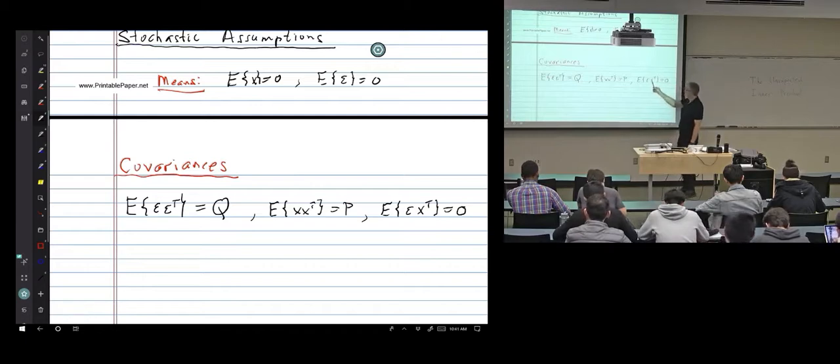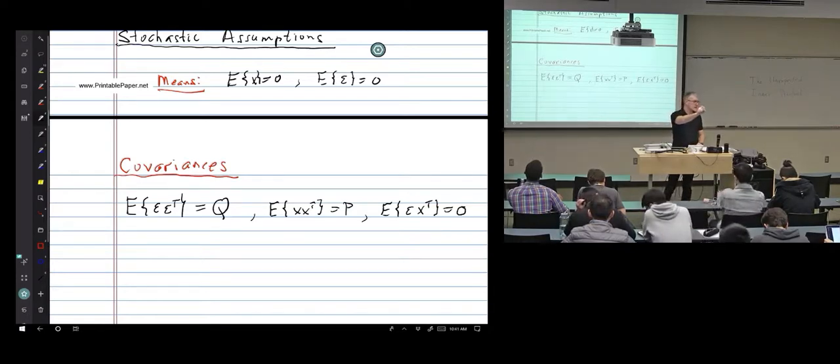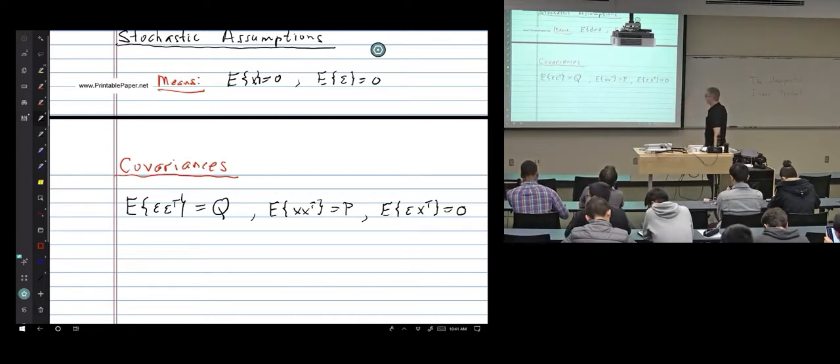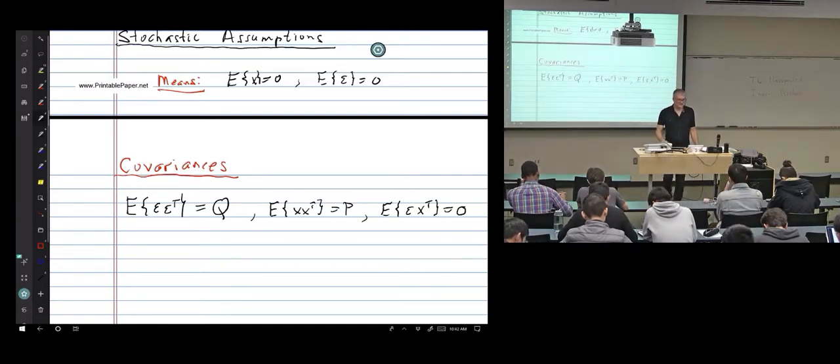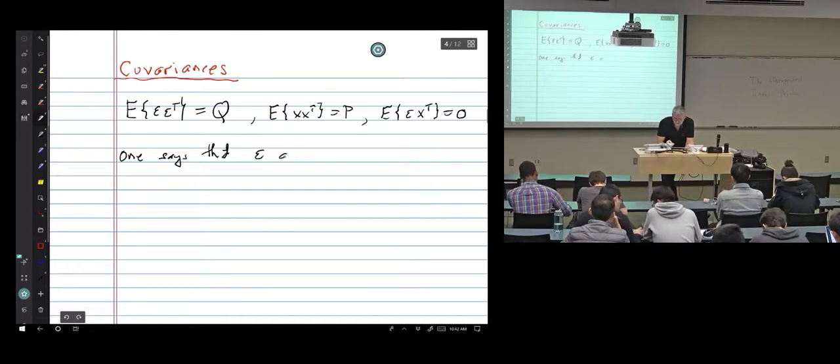The unknown x and the perturbation on the measurements are uncorrelated. Okay? So your measuring device is not affected by the uncertainty in the thing that you're measuring. It's got its inherent way of generating perturbations in it. So it's uncorrelated between the measurement noise and the state. One says that epsilon and x are uncorrelated.